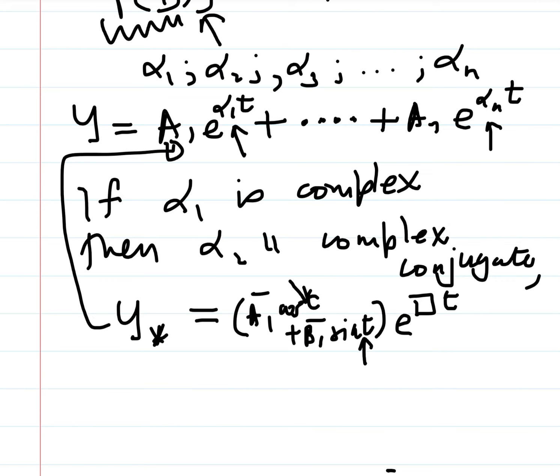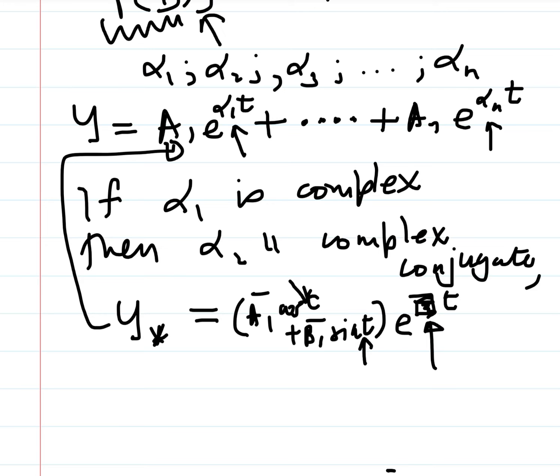That was the imaginary part of the complex roots. This was the real part of the complex root of alpha 1, alpha 2. So if this was positive, y star would not go to 0. So the solution y as a whole will not go to 0.